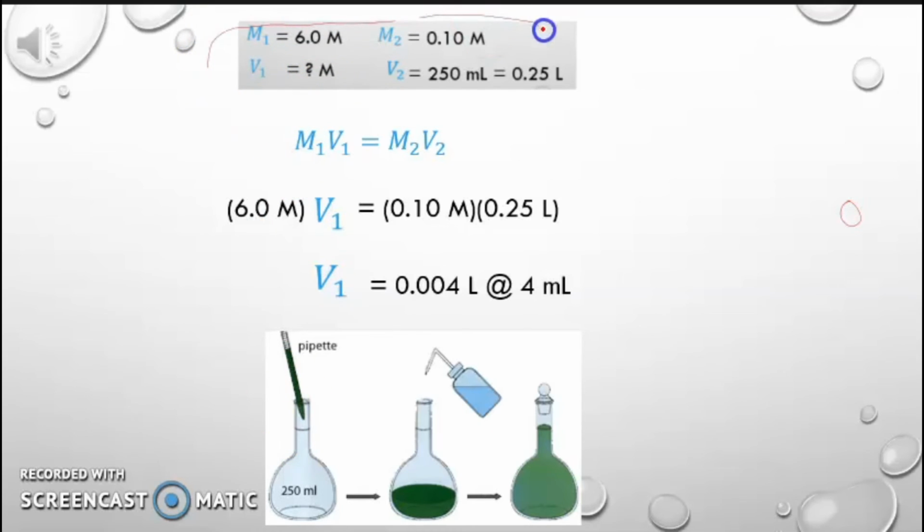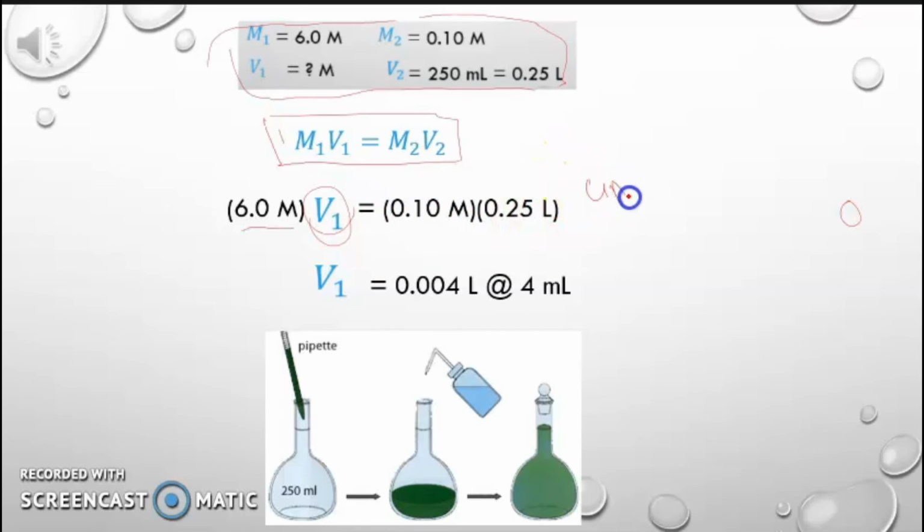Okay, after you have listed out all the information, write out the formula M1V1 equals M2V2, and then you just have to substitute the variables with the values. So M1 is 6.0 molar, V1 is the one that you want to find, M2 is 0.10 molar, and V2 is 0.25 liter.